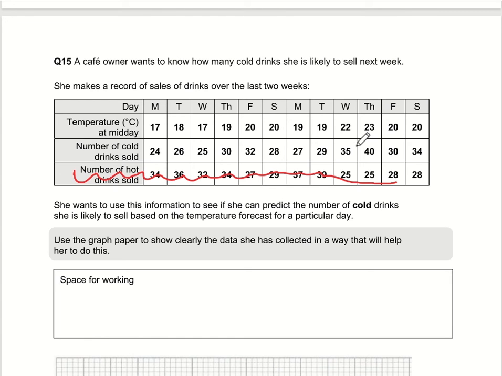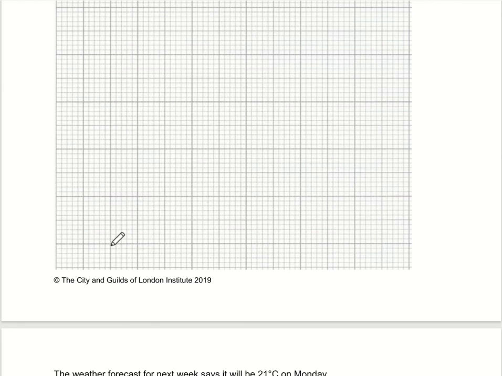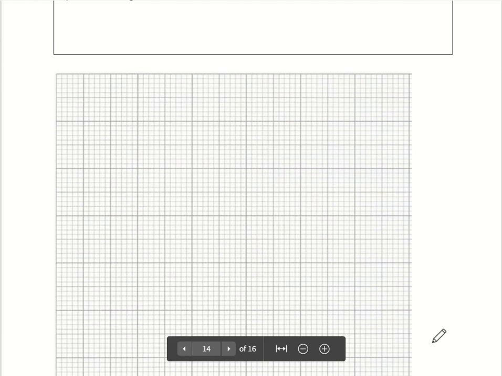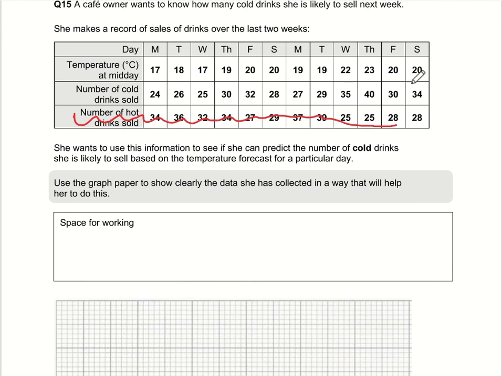I would do temperature on the horizontal here. So we've got 1, 2, 3, 4, 5, 6, 7, 8, 9, 10, 11, 12, 13 lines. And we want to go from, right, what's the maximum and the minimum? The maximum looks like it's 23 and the minimum is 17, so not a very big range.